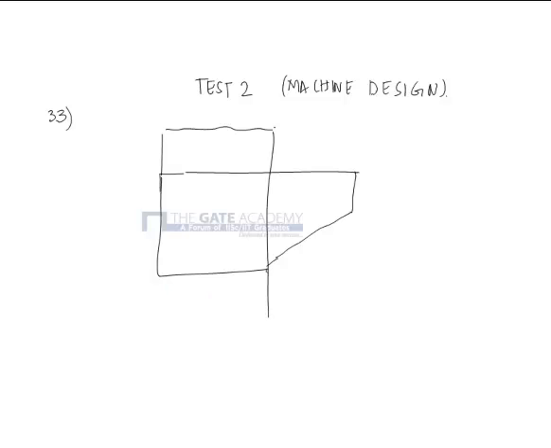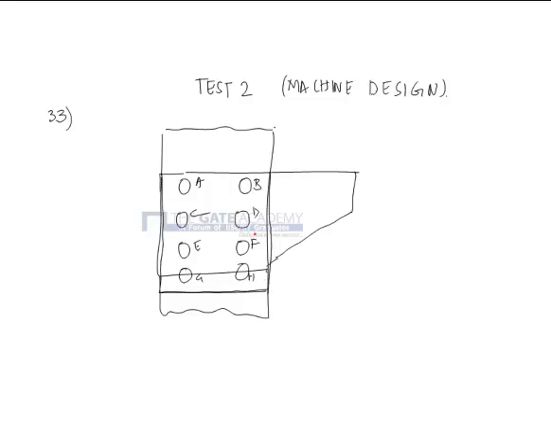by means of 8 rivets, which are A, B, C, D, E, F, and, let me put this slightly below, G, H. A, B, C, D, E, F, and then G, H. Okay, and the load is applied like this.